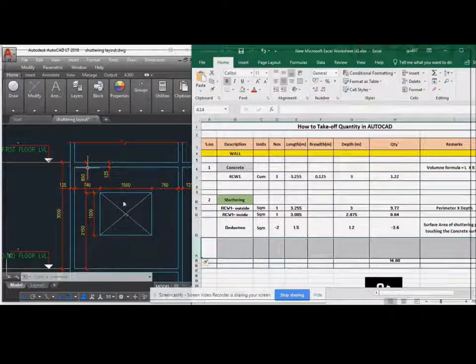The deduction is 1.5 meter and 1.2 meter. Two sides you are going to deduct, so that's why -2. And for the jambs you have to take separately. Jamb is nothing but the side of that window portion.